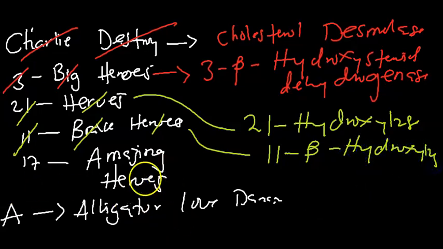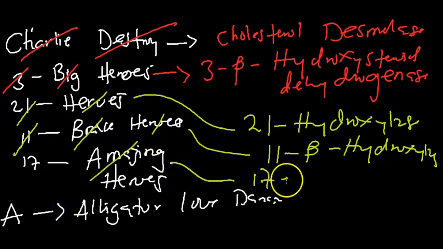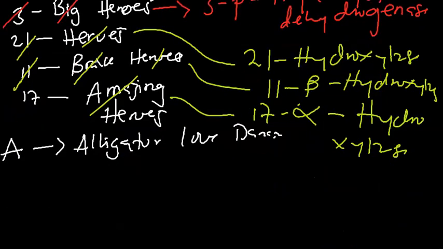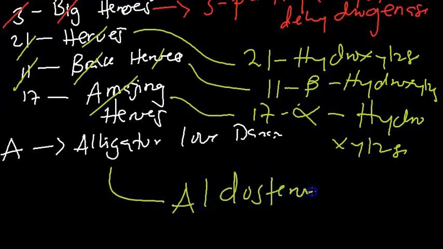So what about the amazing? This is going to be 17. Amazing simply stands for alpha. Alpha hydroxylase. So the last but not the least, which is alligator love dancing, which is basically going to be aldosterone synthase.